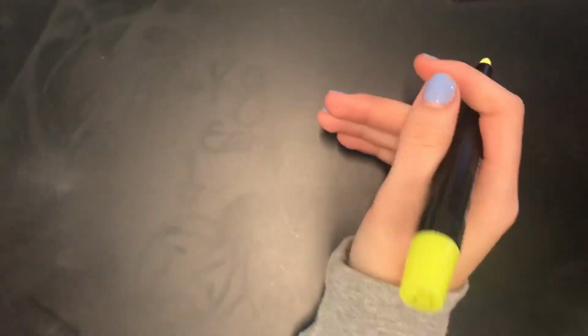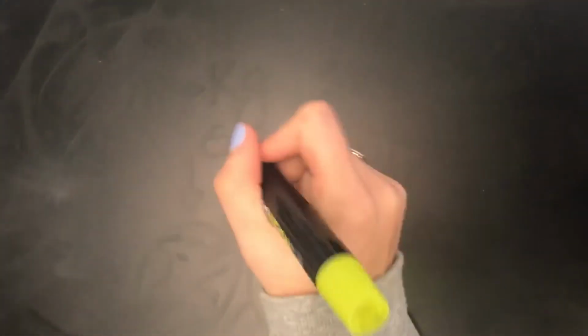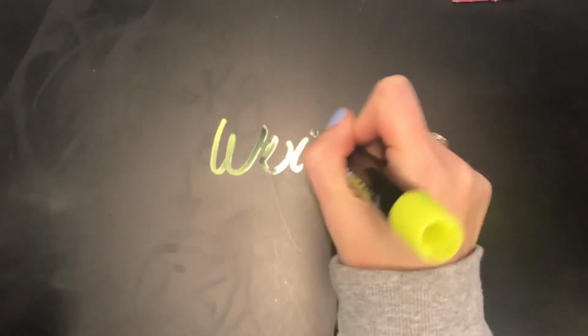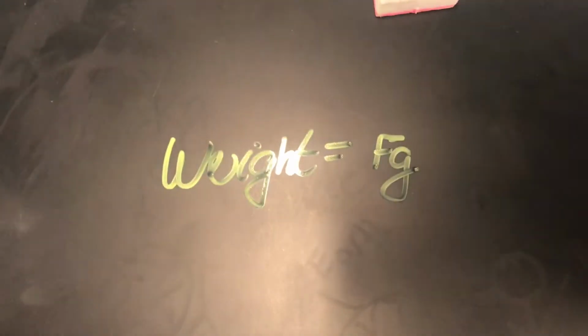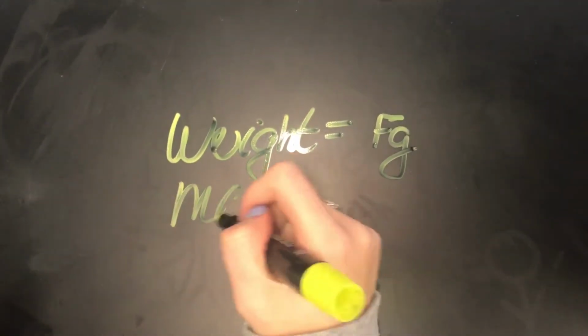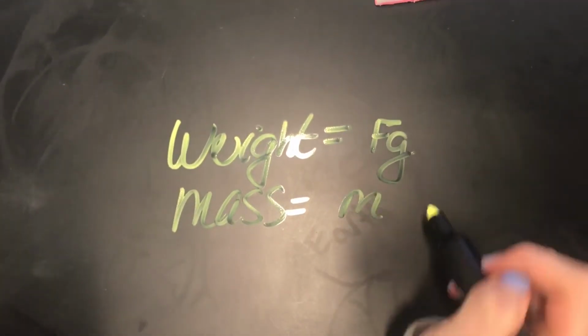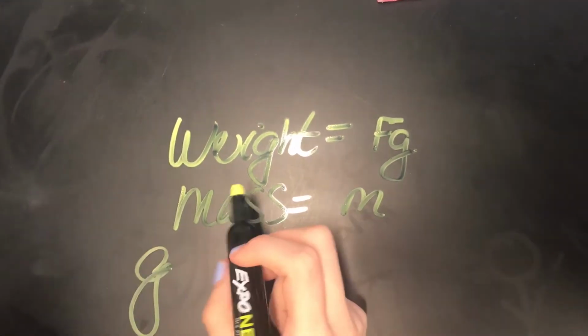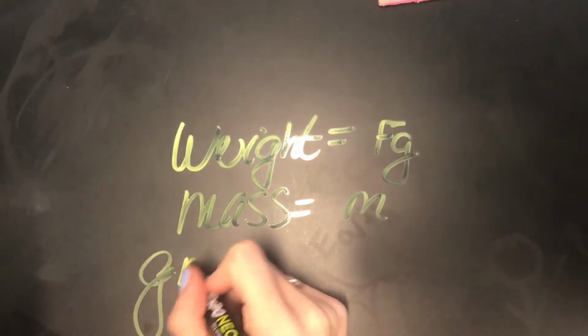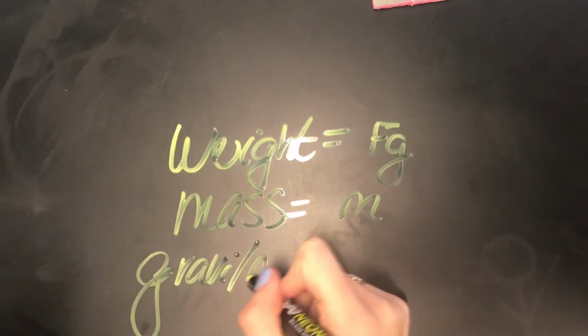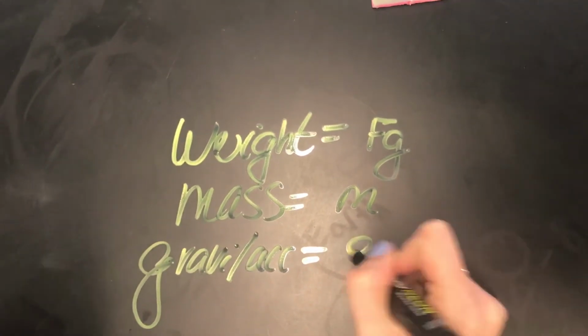So when you want to find the weight, you need to use the equation Fg equals mg. Weight is Fg, mass is m, and the gravitational acceleration is g.